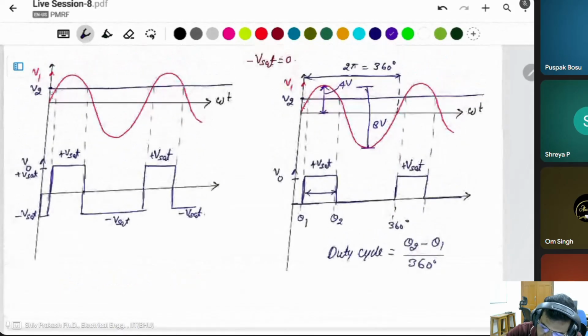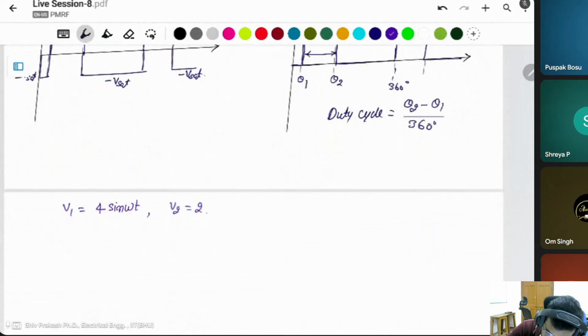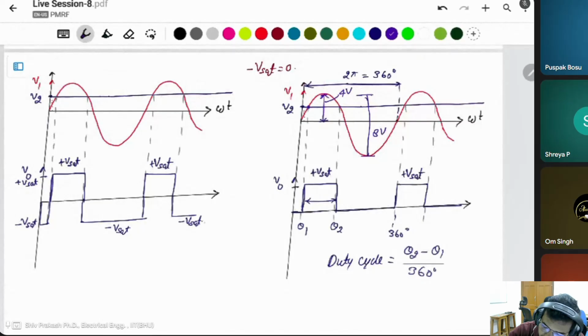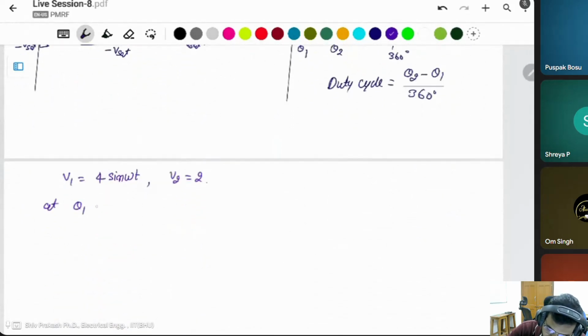Then what is this point? At this point both are equal: V1 is equal to V2. You can say at theta 1 and theta 2 also both are equal, V1 is equal to V2.